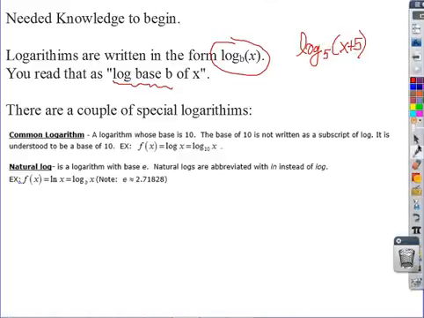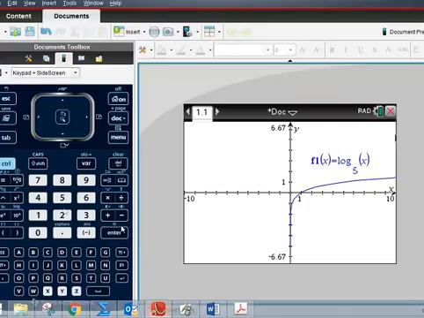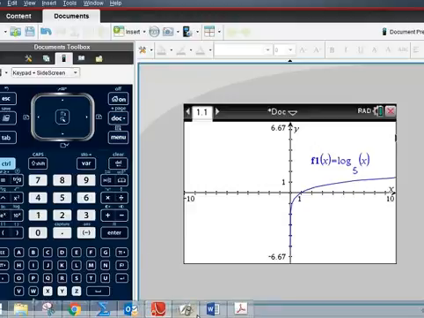You may have noticed, using calculators, I'm sure you've at least seen the log button on the calculator. So that is something that we can use. This one that's right next to it is also a logarithm. This one right here, this ln, is actually a special type of logarithm.